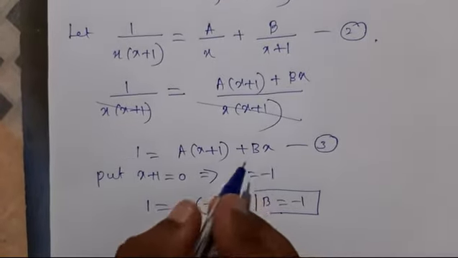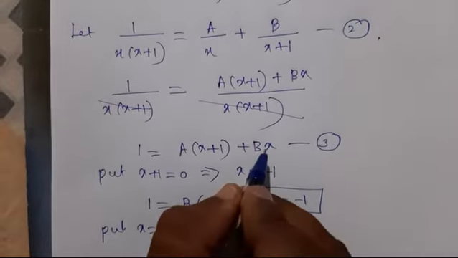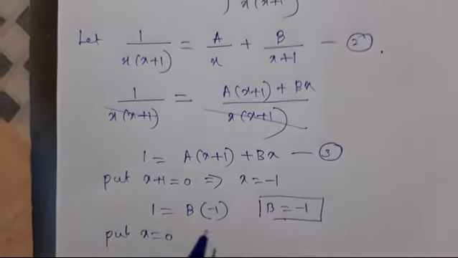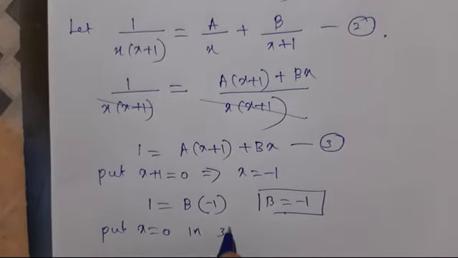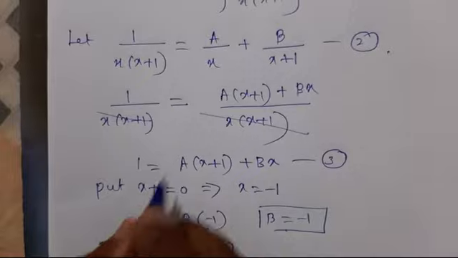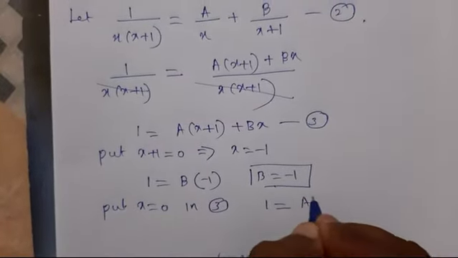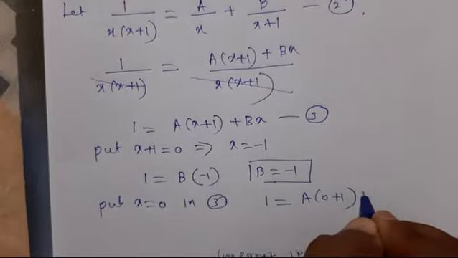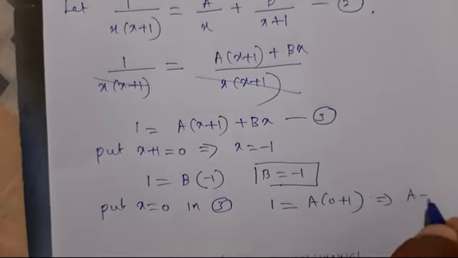Similarly I will put x equal to 0. Here we have second root, that is x equal to 0 in equation number 3. So I will get 1 is equal to a into 0 plus 1 plus this becomes 0. This implies a is equal to 1.